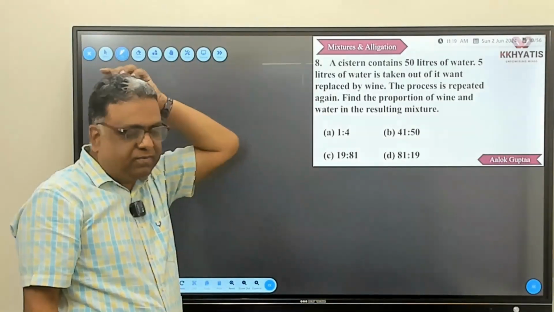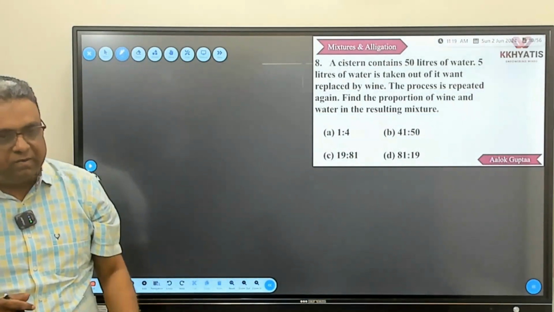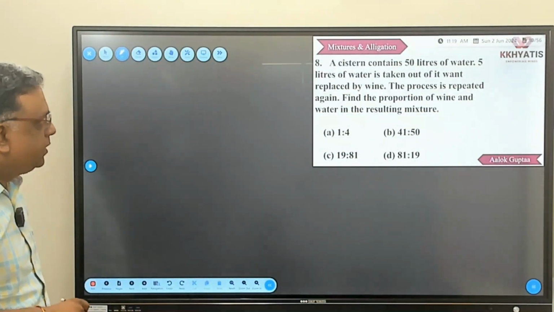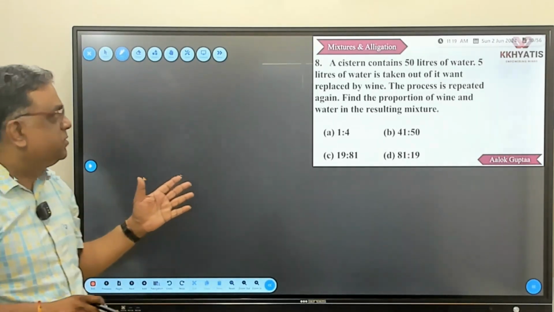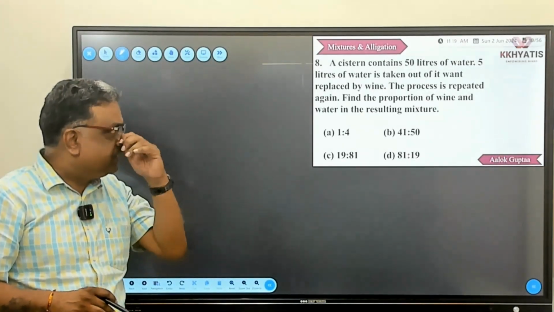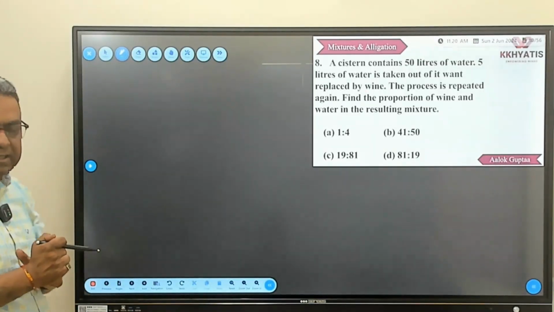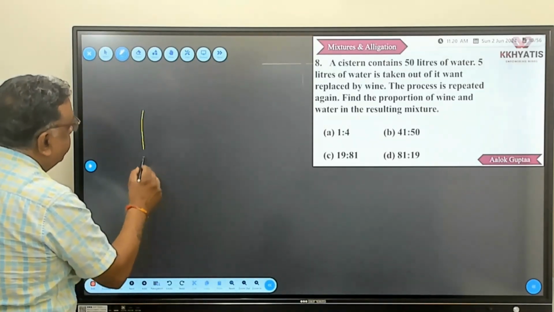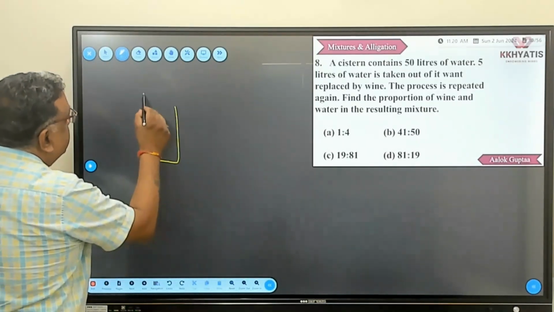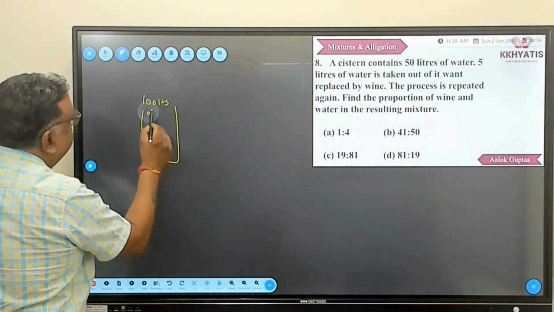Okay, there's another kind of concept which I would like you to understand before I solve this problem. This kind of problems often comes in exams like GMAT, CAT, and it's very important to understand this concept. So let us say I have a vessel in which I have 100 liters of pure milk.